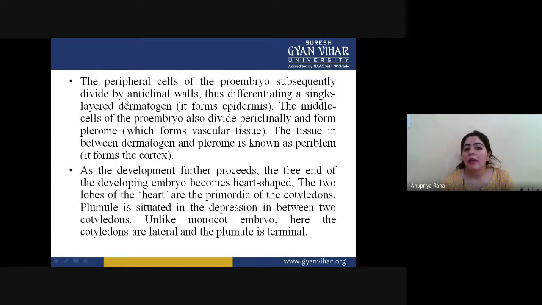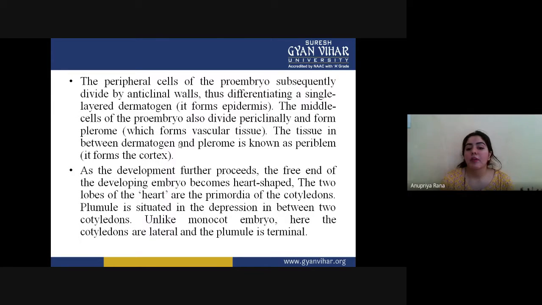So dermatogen forms the epidermis, plerome forms the vascular tissue, and periblem forms the cortex. All three layers form inside the proembryo for the formation of the anatomical portions of the plant: the epidermis, the cortex, and the vascular bundle.